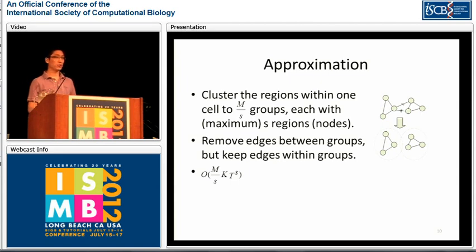And then we remove the edges between the groups in the cell, but keep the edges within each group. Therefore, we have a smaller fraction of this exponential part, and make the problem tractable.